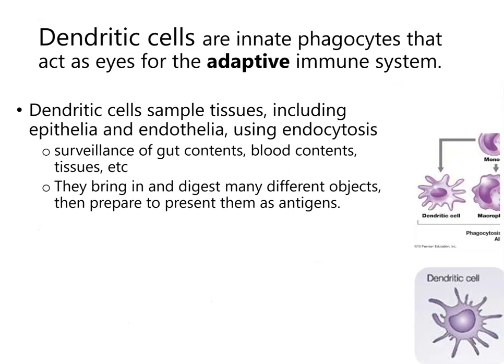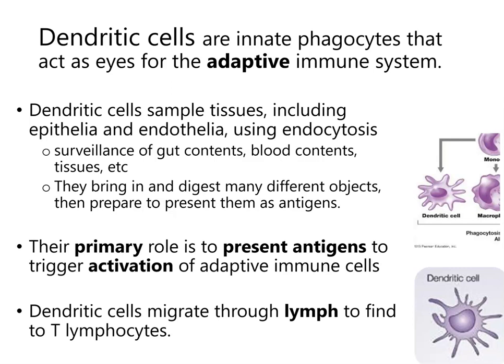Dendritic cells are phagocytic cells, just like macrophages and neutrophils, but they have a very specific job. They sample tissues and they bring things in with the intention of presenting them to T cells as antigens. So their primary role is to present antigens to T cells to trigger their activation.